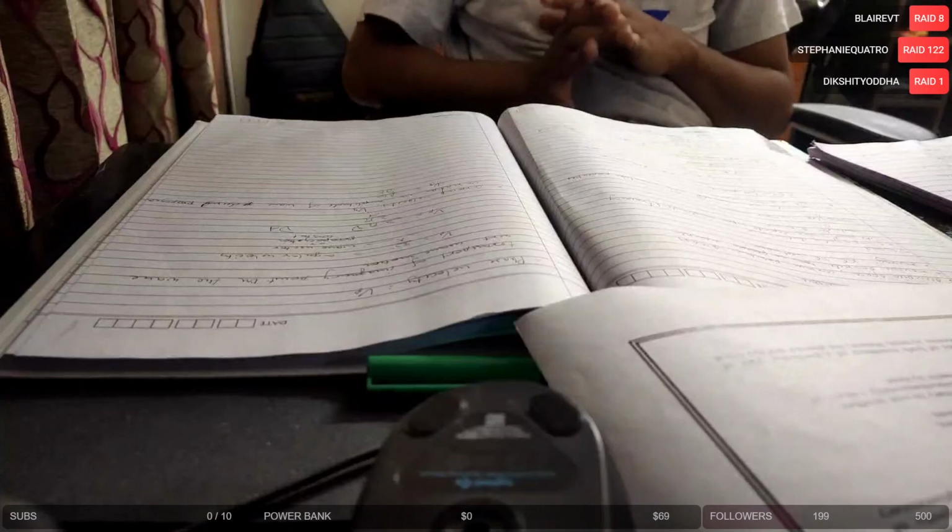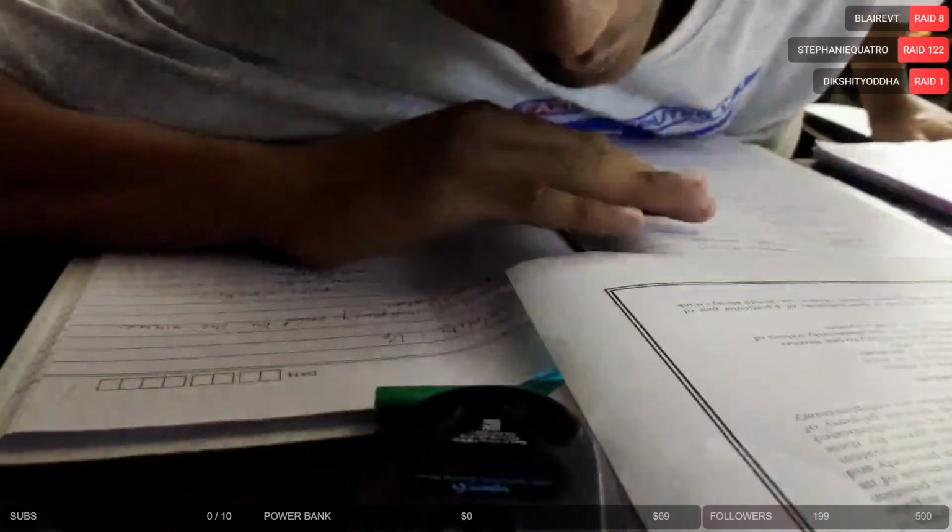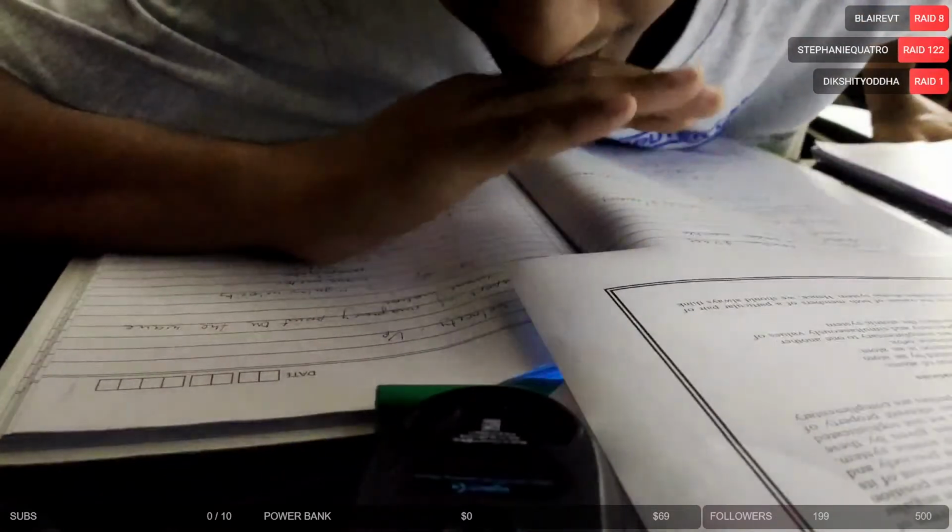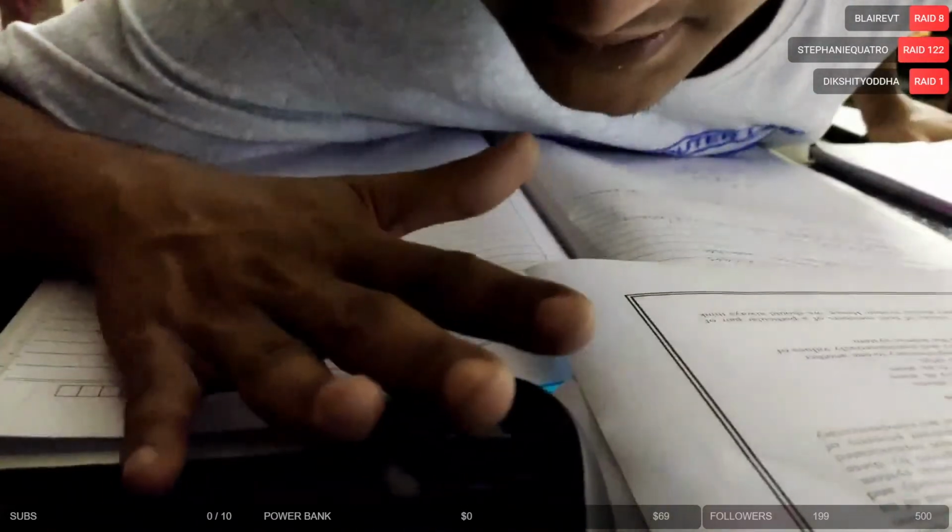Trust me, it's very annoying for me. I hate physics and I hate maths at the bottom of my heart. I swear to God, I don't like either of these subjects.